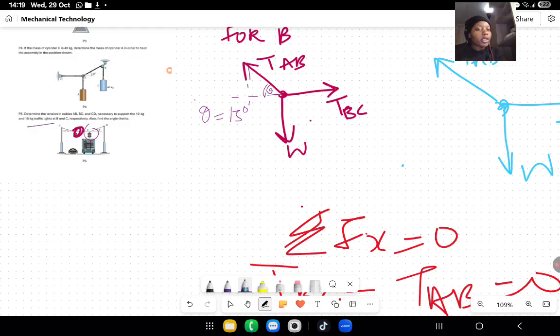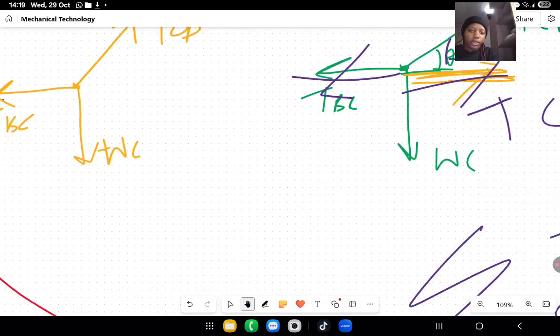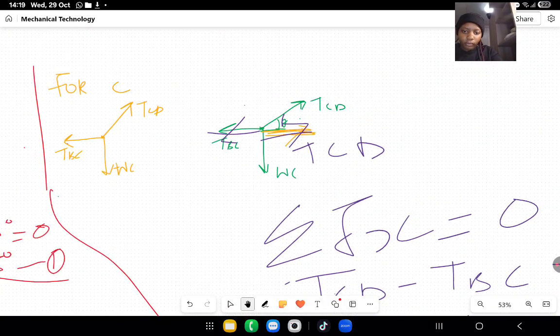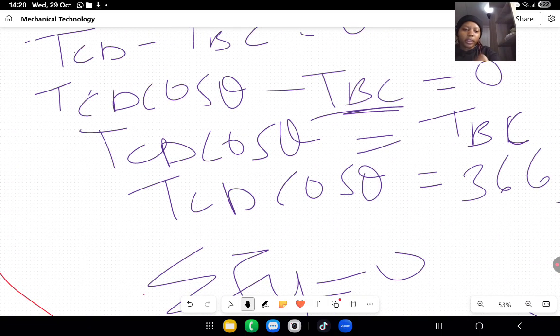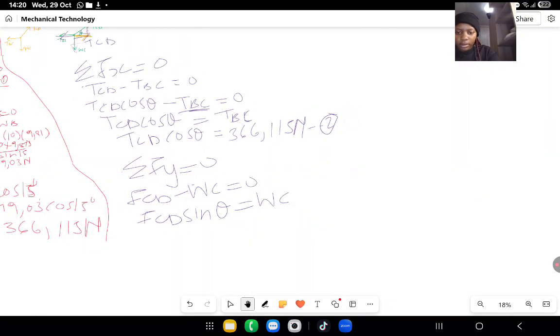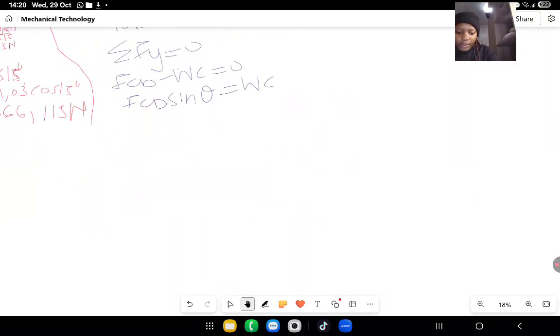So, no, not the weight, the mass. Since we have the mass, we can find the weight. And also, let me show you here. Our TD, it is this one going up, it's positive, then our WC, it's negative, it's this one. So now, let me go and finish up what I've started.